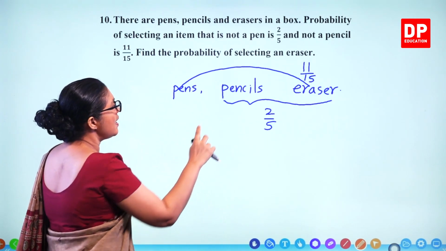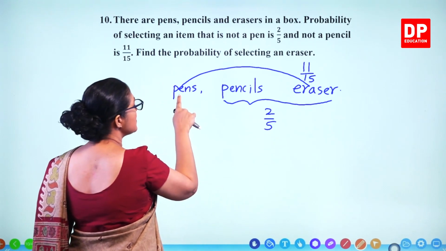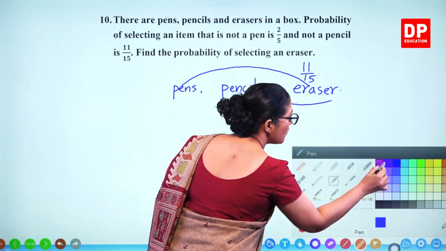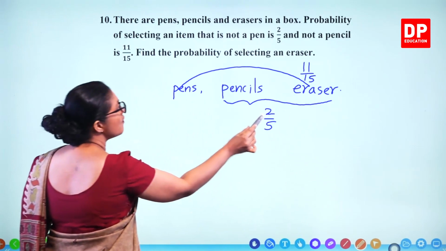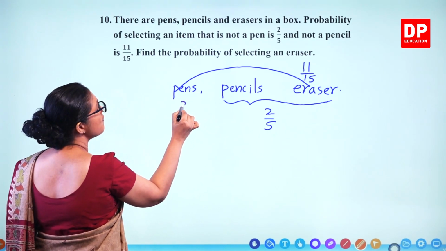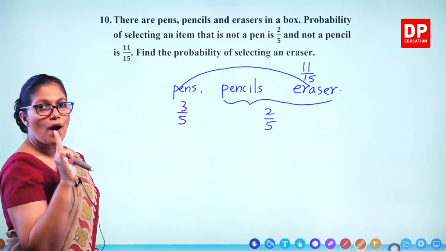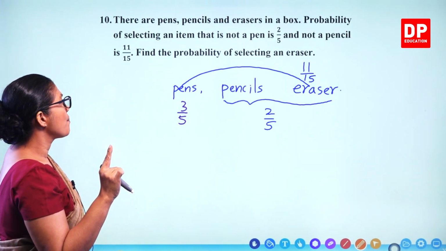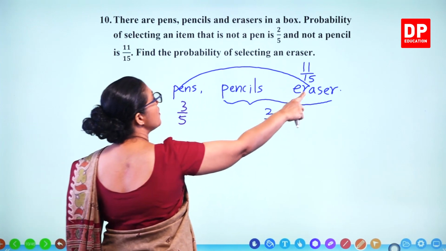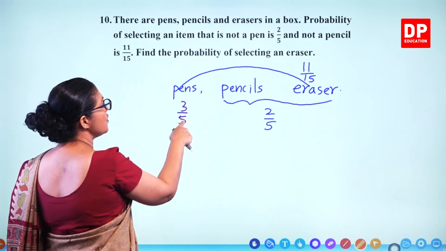Now can you see, if this is 2/5, what is this one? We can easily find out. Remaining part, so that's 3/5. This one is 3/5. 2/5 and 3/5, you get 1. 5 over 5. But these two, 11 over 15 and this is 3 over 5.